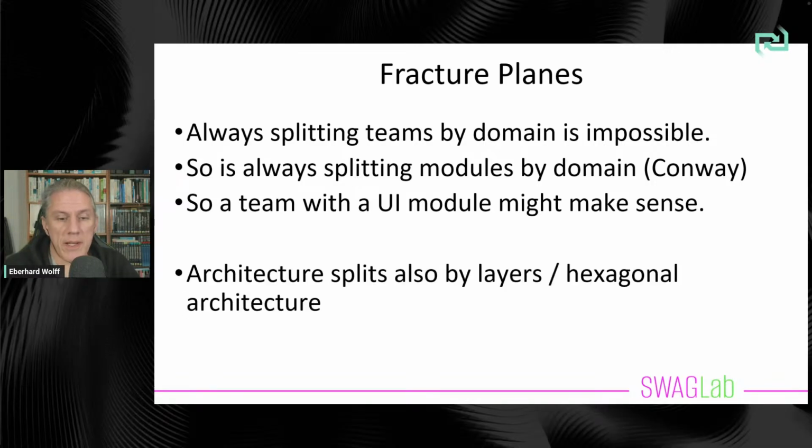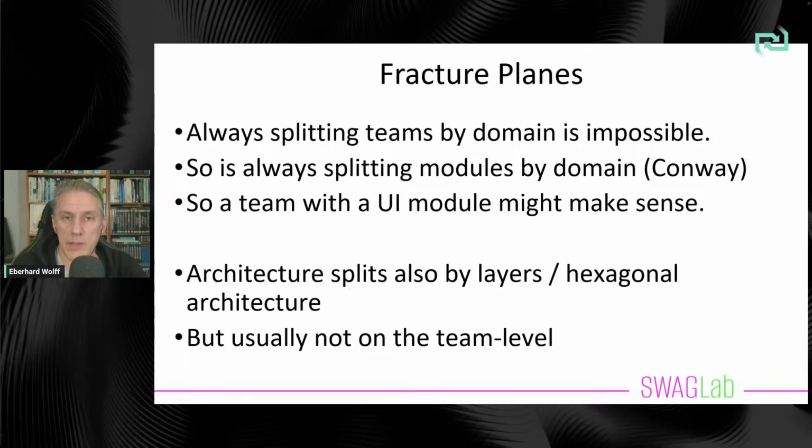Architecture also splits into layers, and there is hexagonal architecture, which is a means of separating your systems from a technical perspective, which you usually don't do on the team level, but still it means that there is more than just domains that influence what an architecture should look like.